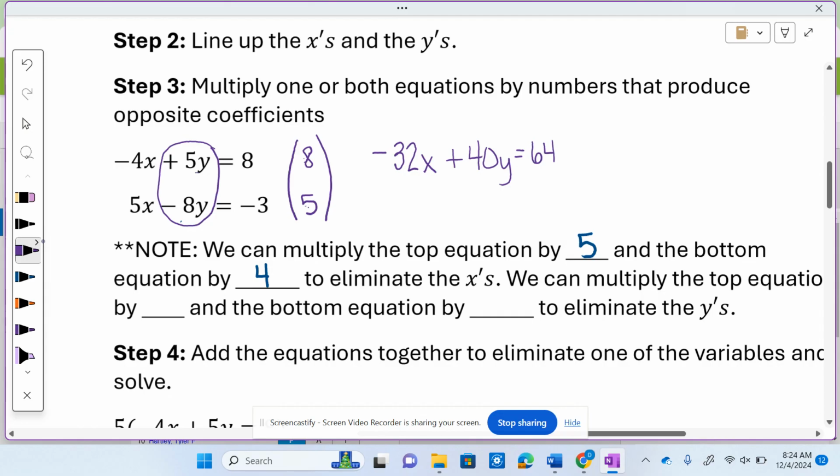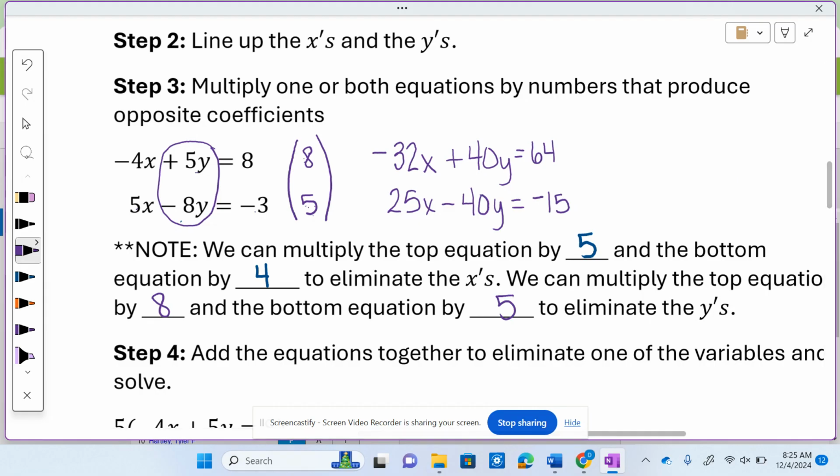What about the bottom equation? 5 times 5, that's 25, so I have 25x. 5 times negative 8 is negative 40, so I have negative 40y equals, let's see, 5 times negative 3 is negative 15. So we can multiply the top equation by 8 and the bottom equation by 5 to eliminate the y's.